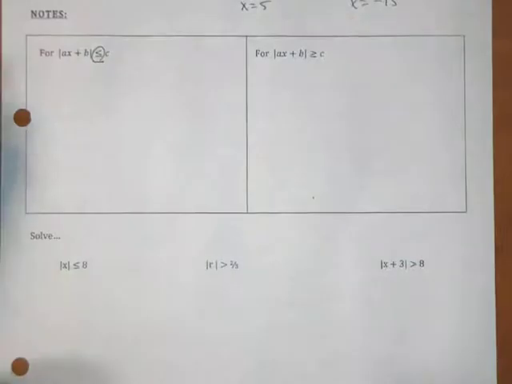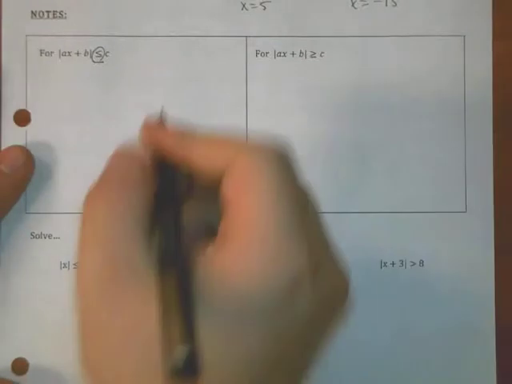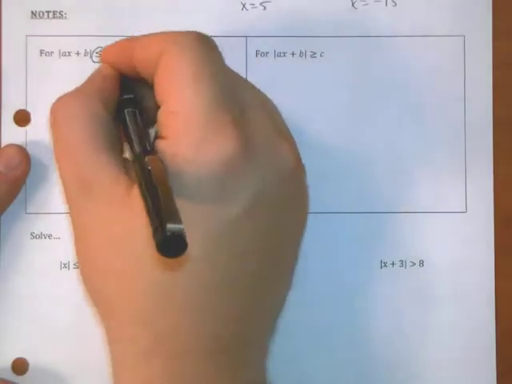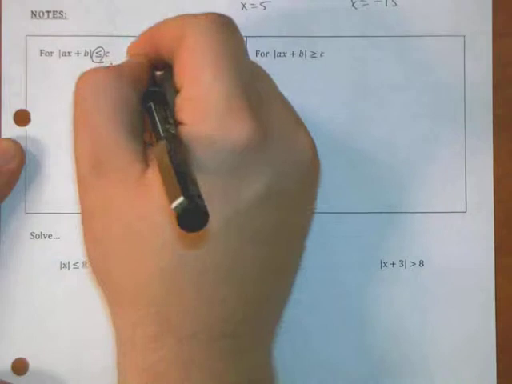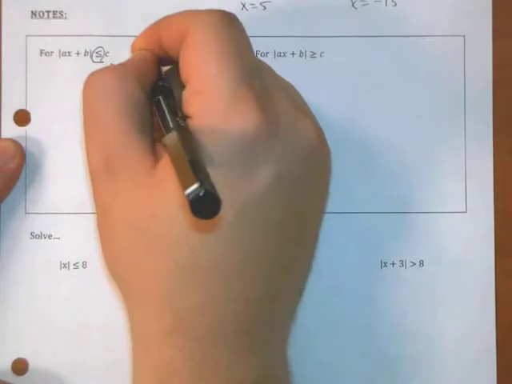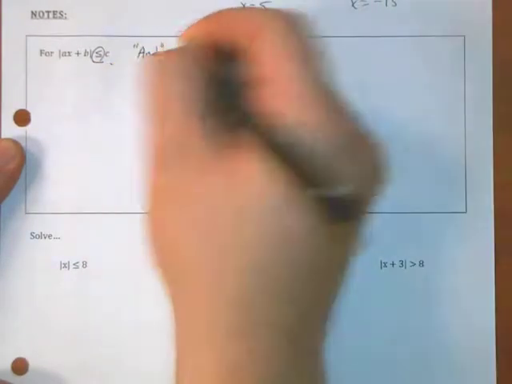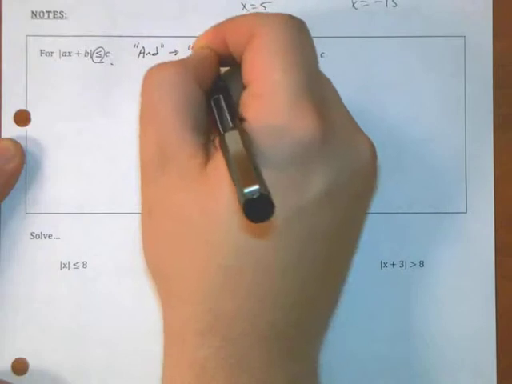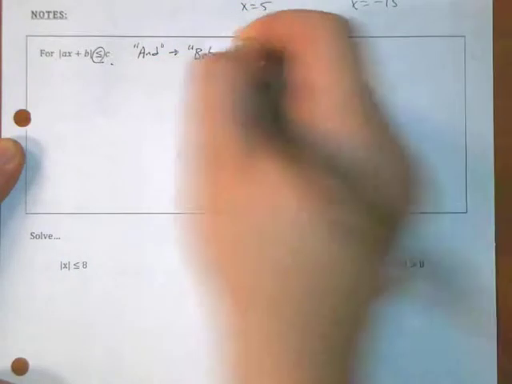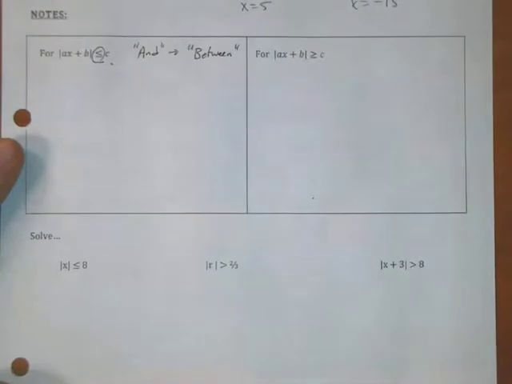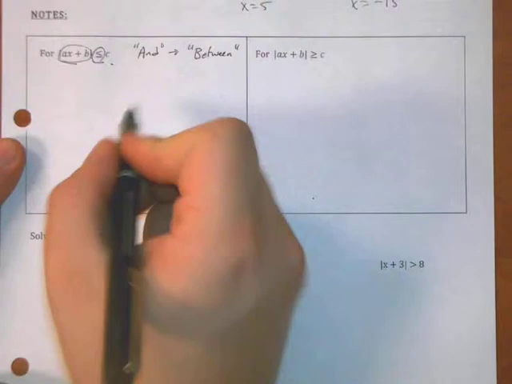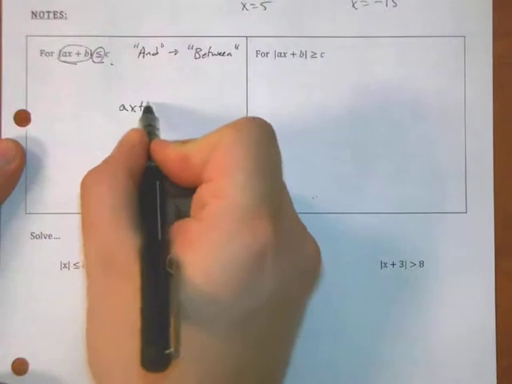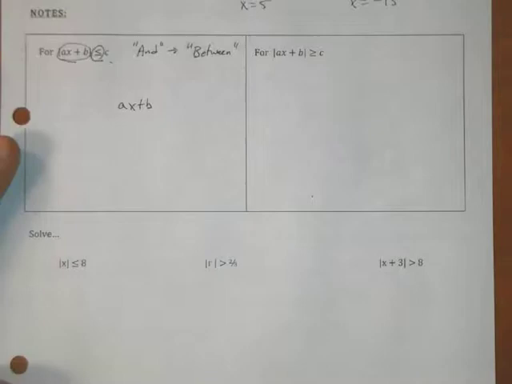If we're less than, then like the example we just had, these are all numbers that are closer to 0 than C. Or this is an and, or maybe a better way to describe it would be a between inequality. Okay? And in general, we're going to take what's inside, and it's going to be between two things.